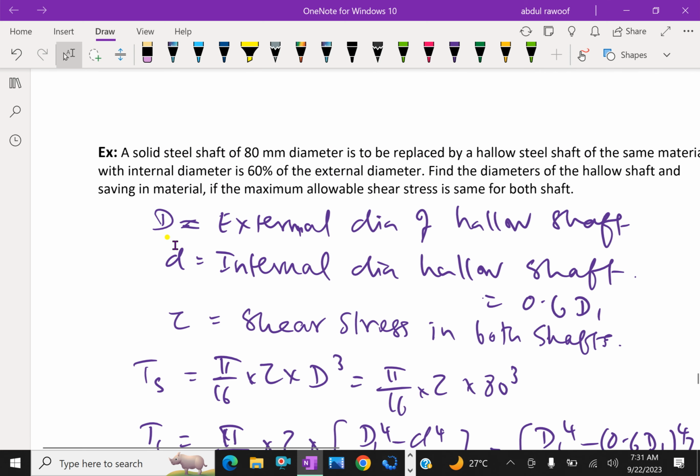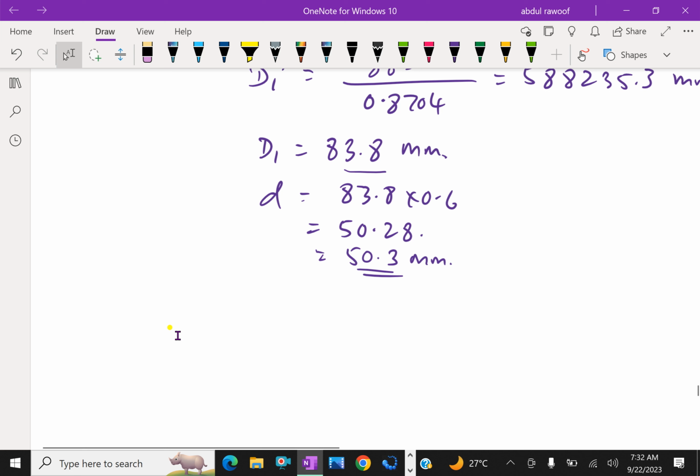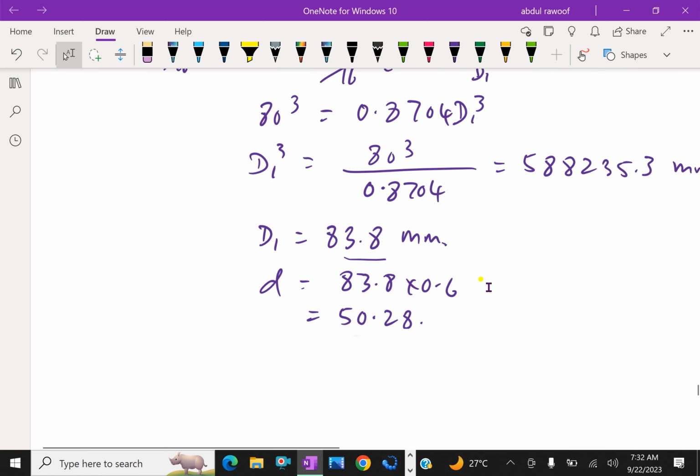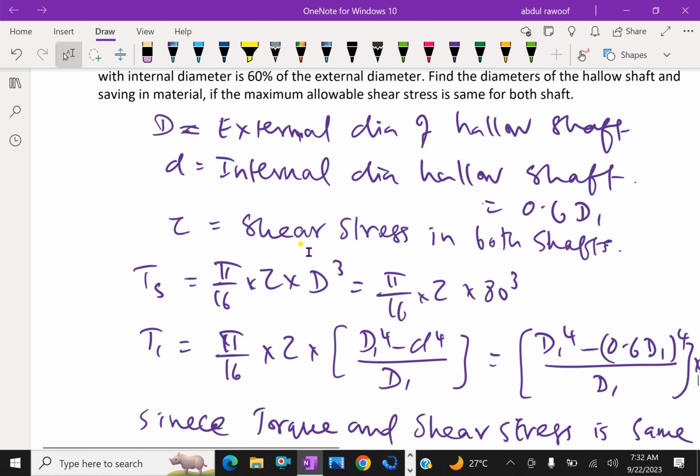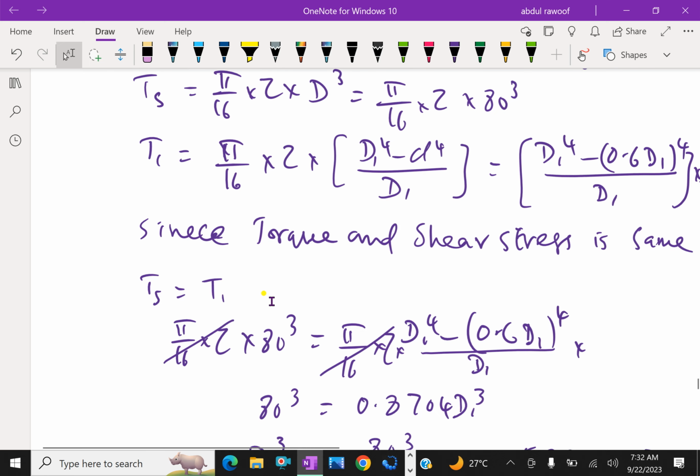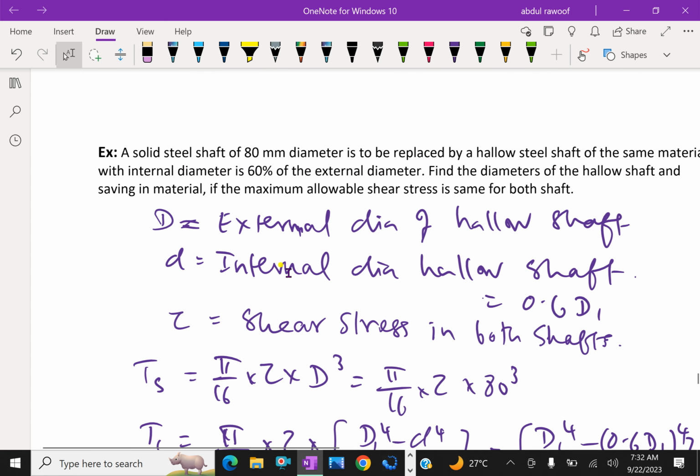That means you have to calculate the area of cross sections, the area of the solid shaft and the hollow shaft.